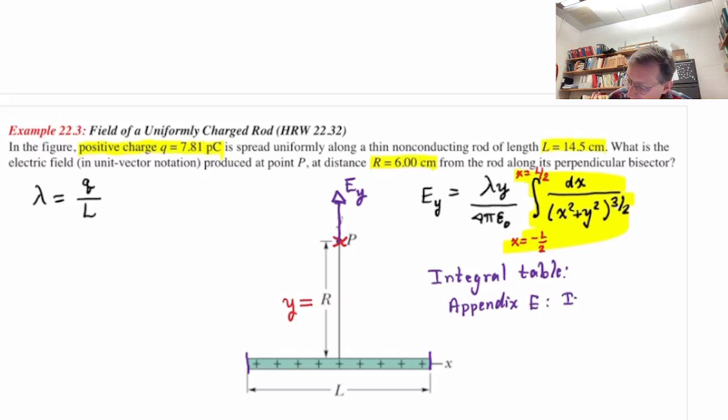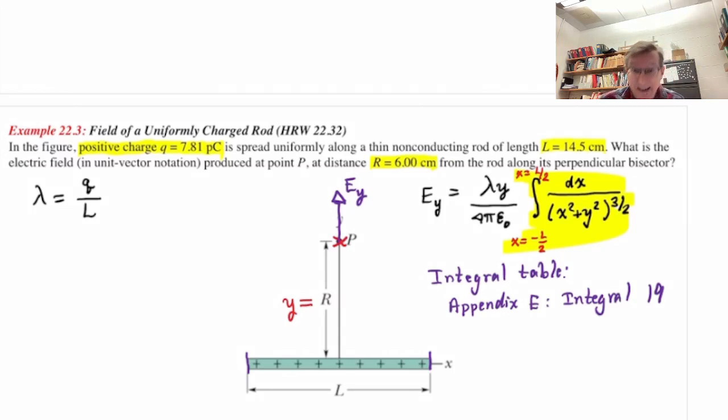And you would want integral 19. Now you have to find the integral that fits this pattern. It isn't necessarily going to look exactly like what you've got here, but you've got to be able to recognize its pattern in the table. And then you can find it.